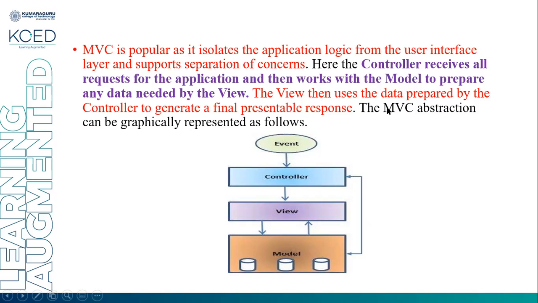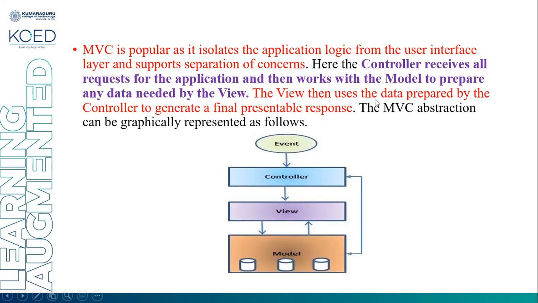The view then uses the data prepared by the controller, with the coordination of the model, to generate the final presentable response. The MVC abstraction can generally be represented as follows.